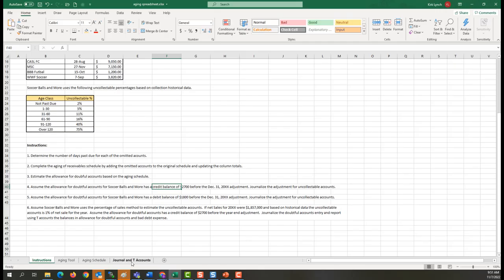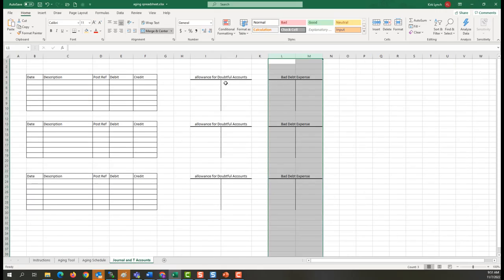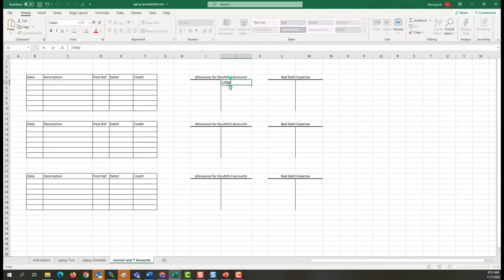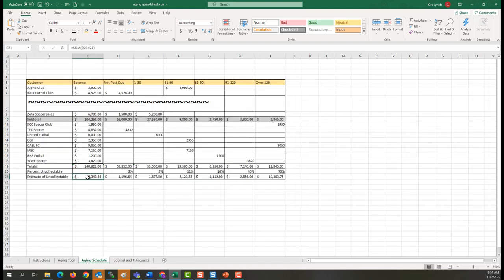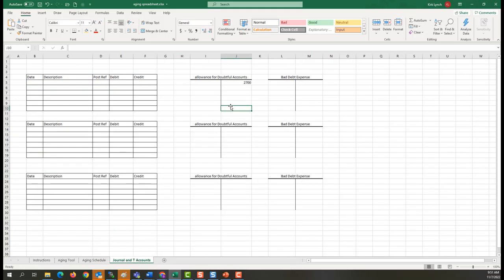So when we go over here to the journal entry and I look at this, we said it has a balance of $2,700 credit. Now, our goal is to make the balance of the allowance for doubtful accounts to be $19,349.44.